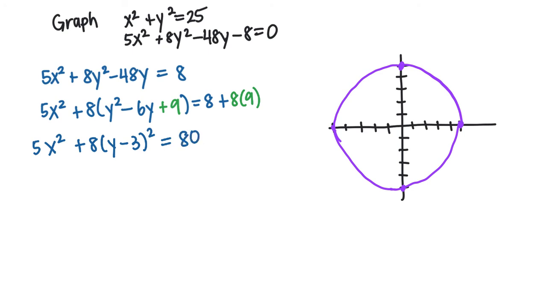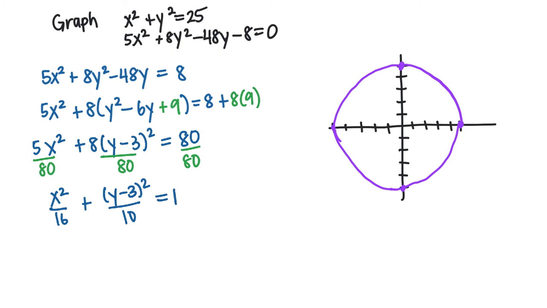Okay, this is pretty close, but I do want there to be a 1 on the right side because it's an ellipse. Okay, let me try to graph this one now and make sure that my answers I got algebraically seem reasonable.